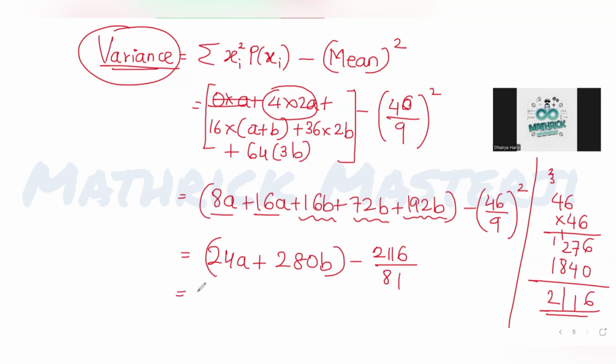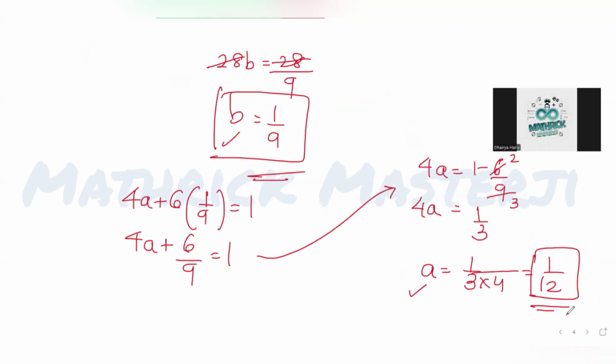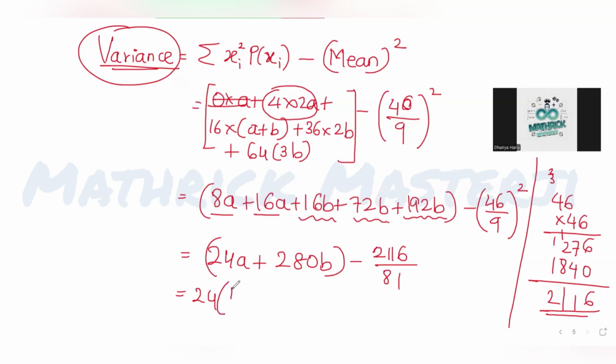And this leaves me with 24 times a, where in this case a is 1 over 12 and b is 1 over 9, minus 2116 over 81. So this leaves me with 2 plus 280 over 9 minus 2116 over 81.